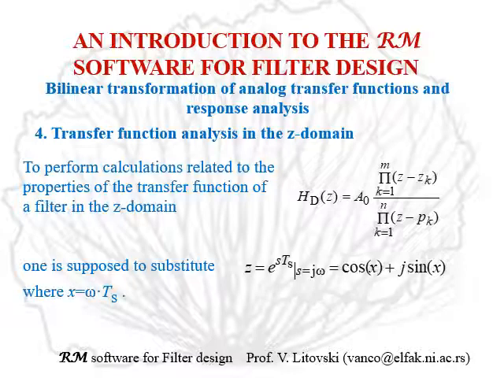Nevertheless, we have this transfer function, and for finding the properties of the filter, we search the frequency domain, which means we put S equals j omega, and so the Z variable becomes, as written here, cosinus x plus j sinus x, with x equals omega multiplied by the sampling interval.